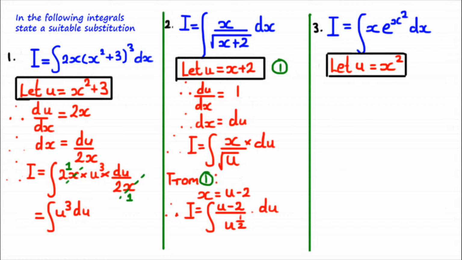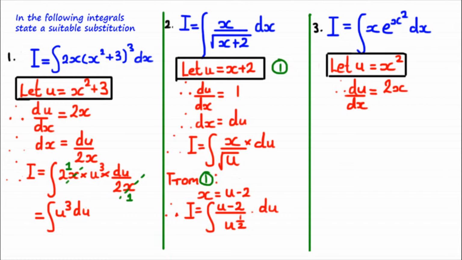Now, when we differentiate u is equal to x squared, we get du over dx is equal to 2x. It's not equal to x, but it's like it. And as some of you may know, constant terms can be brought out of the integral. So we're really interested in eliminating just the x terms and changing the variable to u terms.